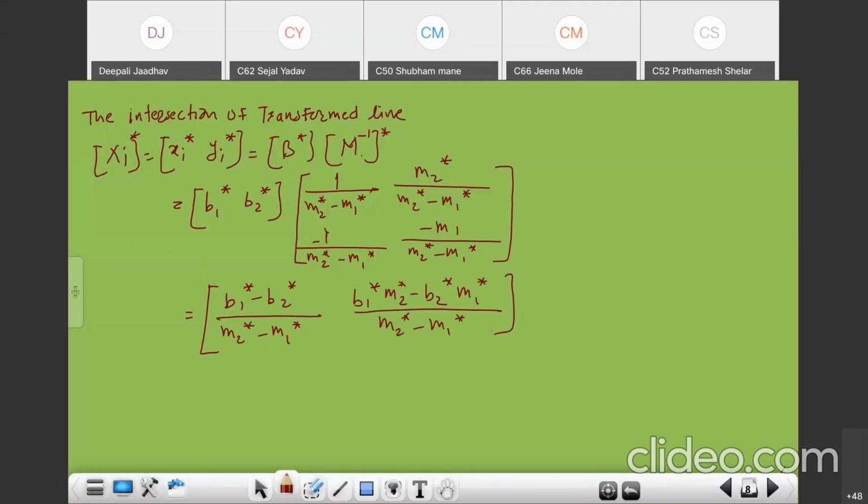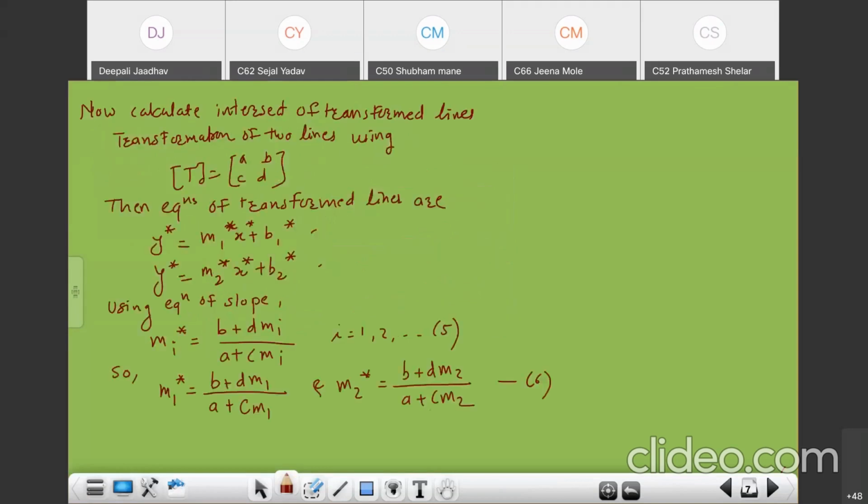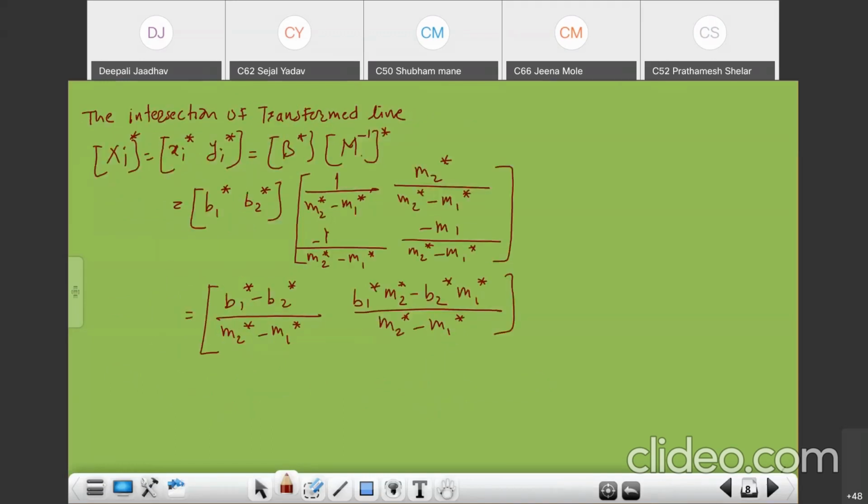Now we are going to put in these values: m1 star is equal to (b plus d m1) divided by (a plus c m1), and m2 star likewise. So these values we are going to put in this equation. After calculations using equations number 5 and 6, I am not going to write the entire calculations here.